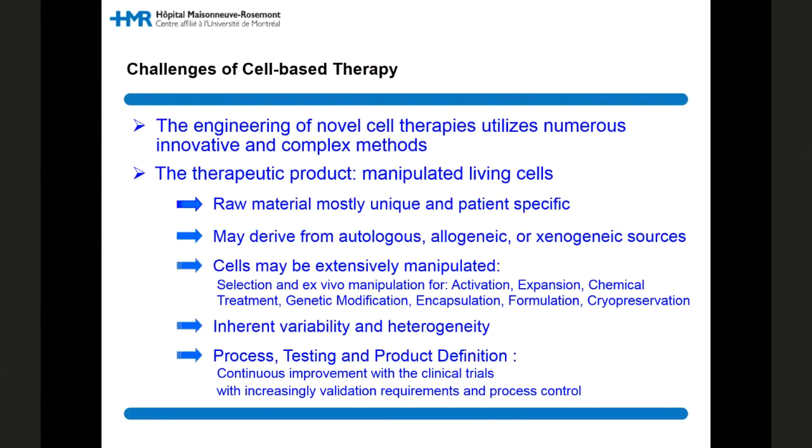There is inherent heterogeneity because of the nature of the cells, like cells are different from one tissue to the other, and they're different from one individual to the other. And therefore, you want to be able to control as much as possible these differences. And you need to have a process that allows you to be validated and to ensure that your process is clearly under control.